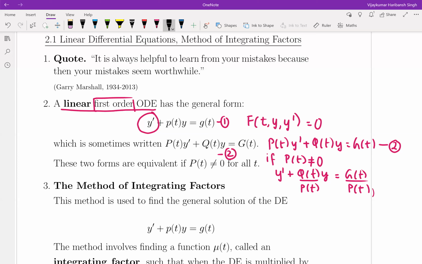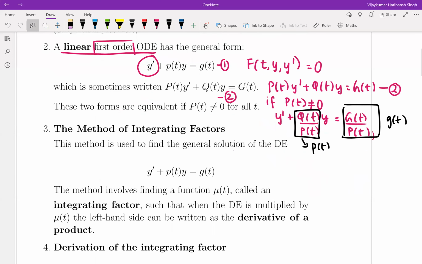And now you can choose to call this p of t and this one small g of t. So these two are equivalent when capital P of t is non-zero.